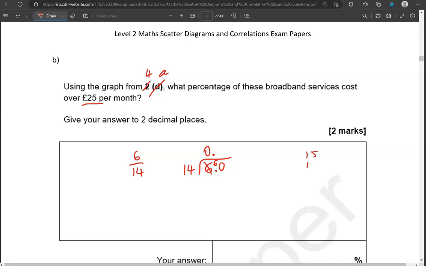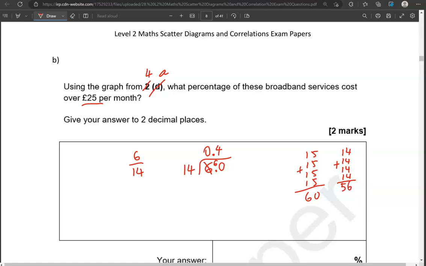So you know 15 and 15 and 15 and 15 gives us 60. So 4 lots of 15 give us 60. So we can say 4 lots of 14 is 4 less than 60, which is 56.